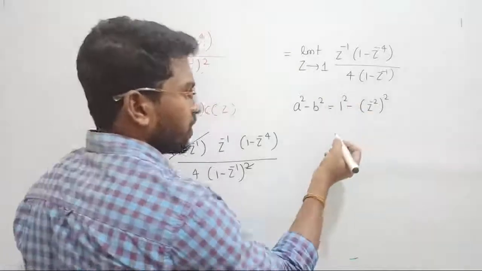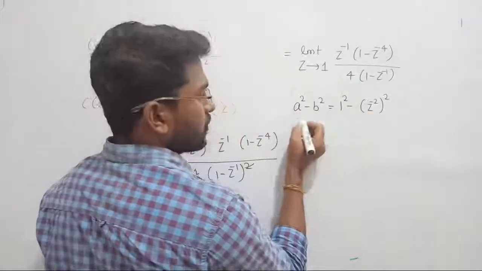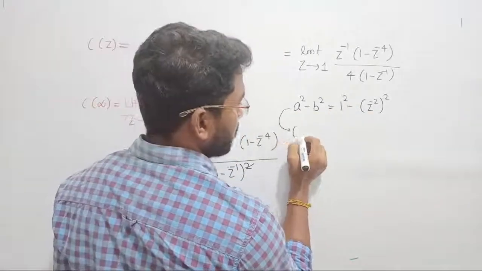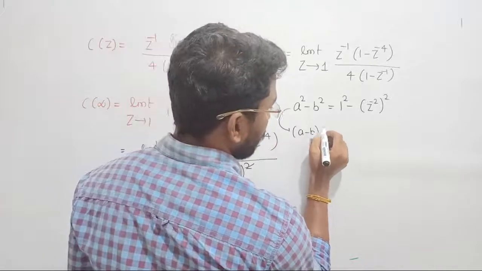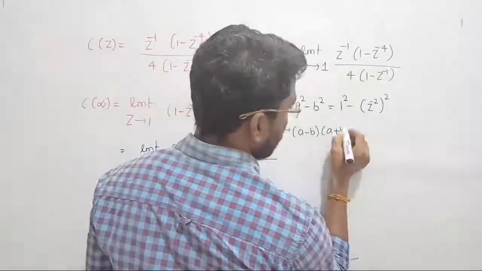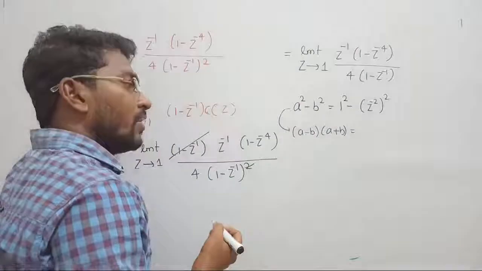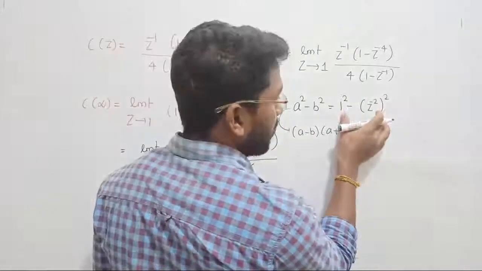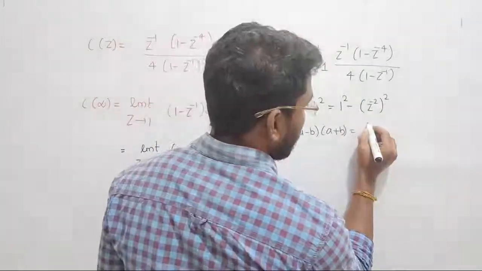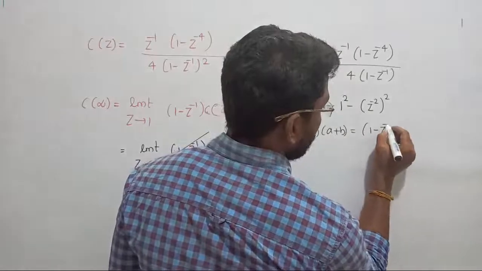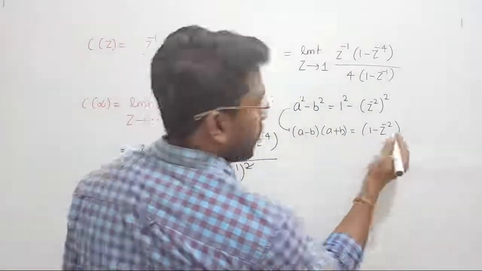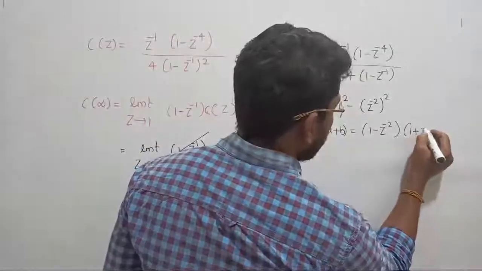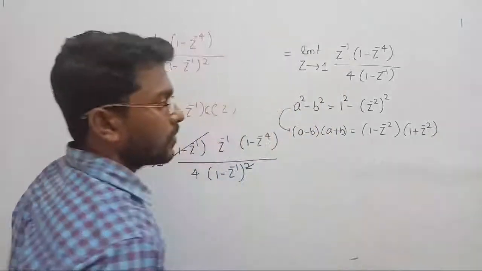How do we write a square minus b square? It can be written as a minus b into a plus b. In that way, let us reduce the function further. It can be written as 1 minus z power minus 2, that is a minus b, into 1 plus z power minus 2, that is a plus b.